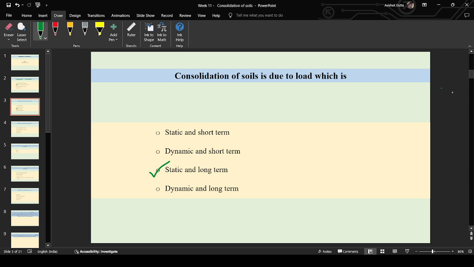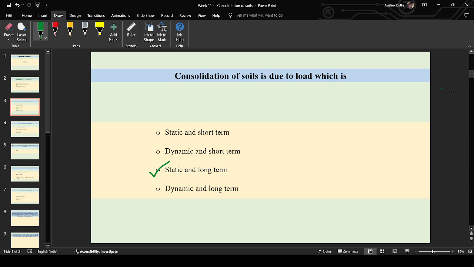What you are saying is railway tracks. Railway tracks are not dynamic and long term. They are dynamic and short term, because after a train passes by, it takes time before another train passes. It is not like trains are passing all the time. Suppose there is a railway track at a station in India.